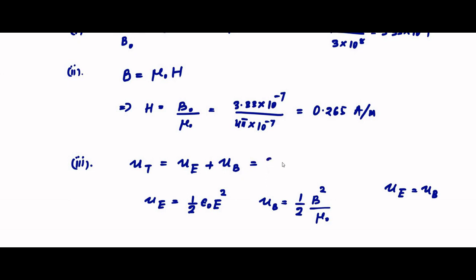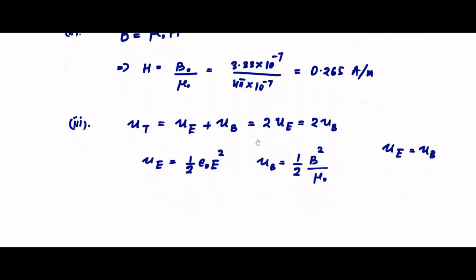So this we can write as either 2 UE or 2 UB. In any way you write it, it will be correct.